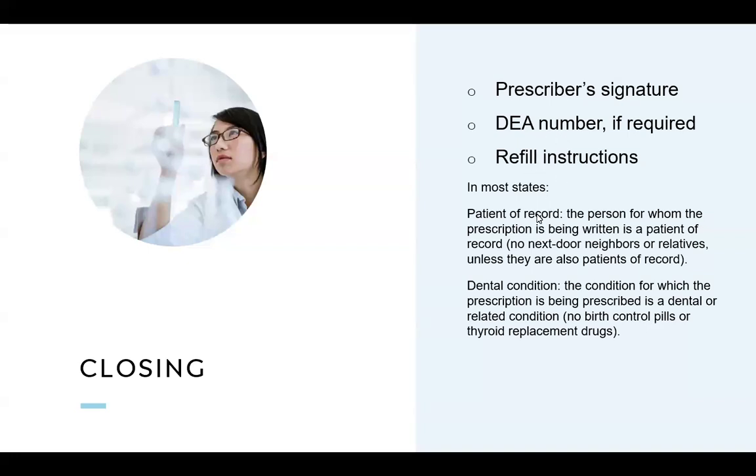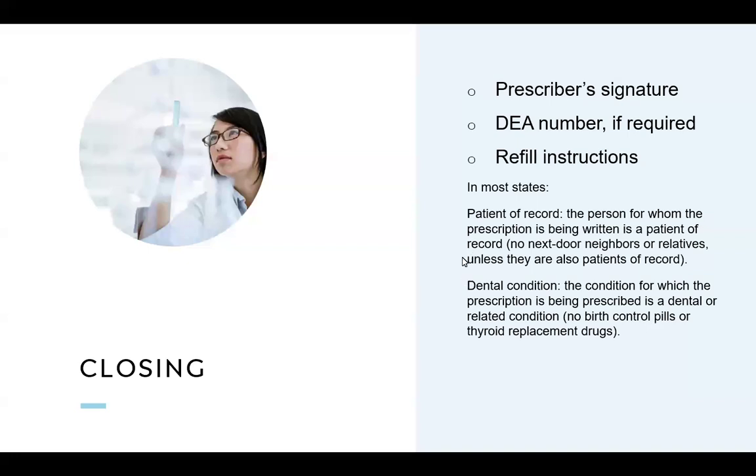In most states, the patient of record, the person for whom the prescription is being written, is a patient of record. So there's no next door neighbor or relatives unless they're also patients of record who could fill that prescription. Dental conditions. The condition for which the prescription is being prescribed is a dental or related condition, no birth control pills or thyroid replacement drugs.